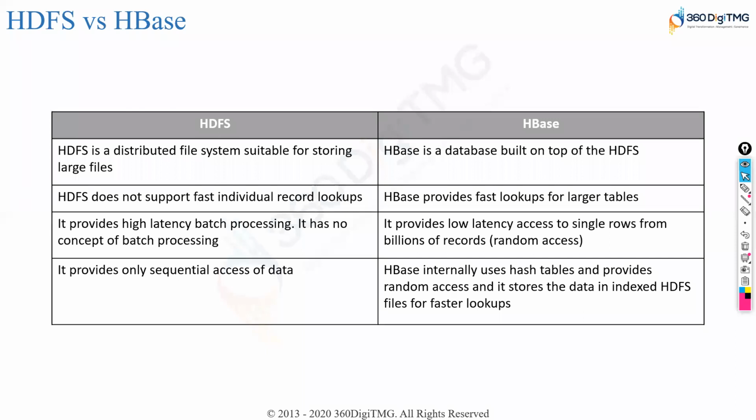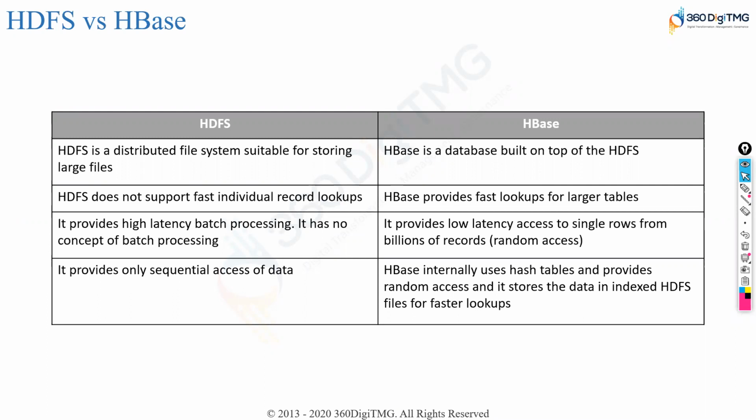Now, how is HBase different from HDFS? HDFS is the file system, right? It's a file system where we store the data. And HDFS is basically splitting the data and then storing it into physical systems.